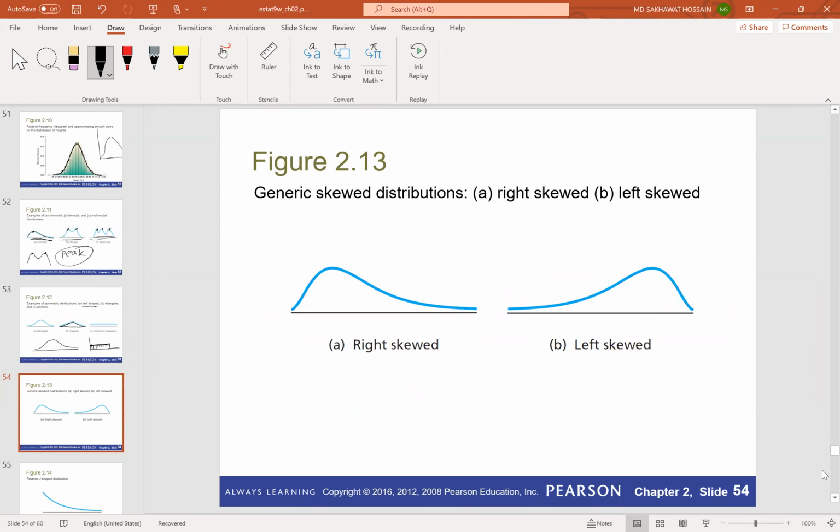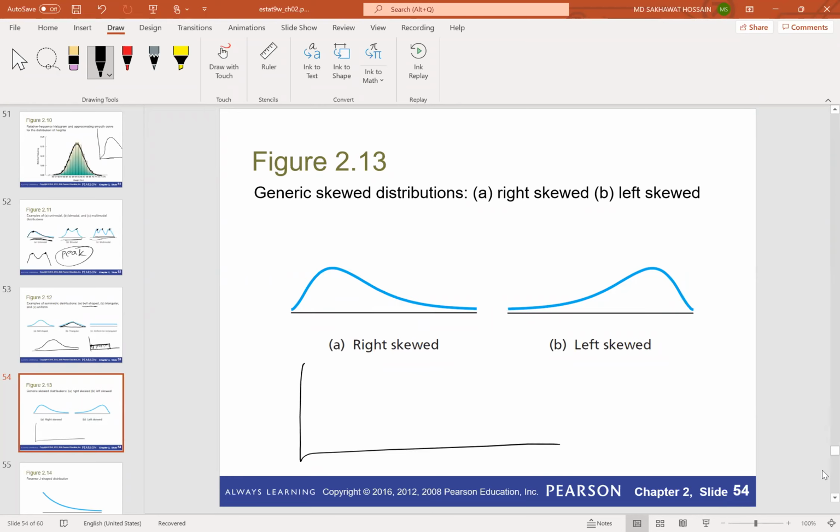Okay, so based on the shape of the distribution, depending on the skewness, we can divide the distribution into right skewed and left skewed if the distribution is skewed. If we have a long tail at the right, then it is called a right skewed distribution.